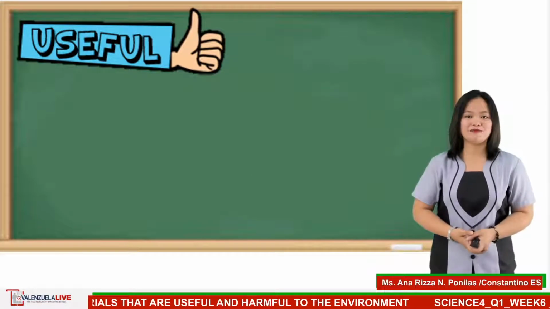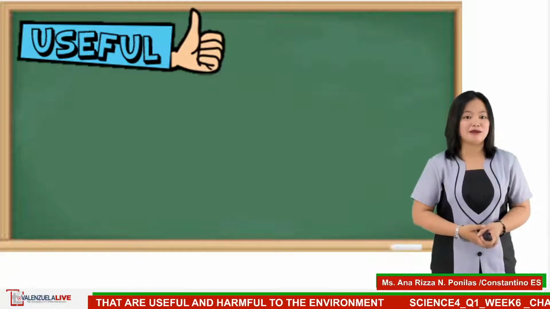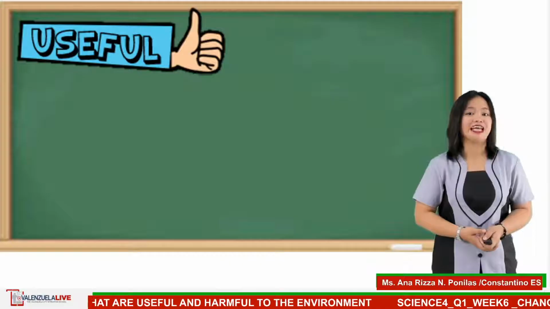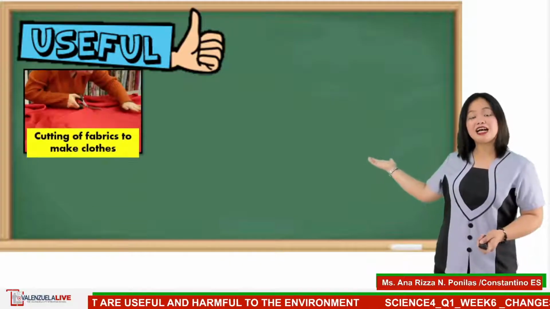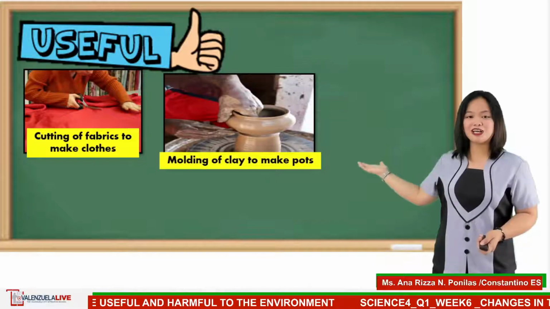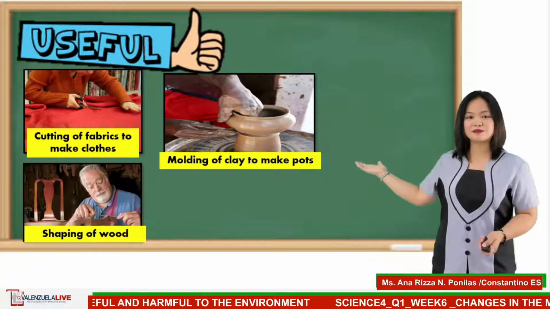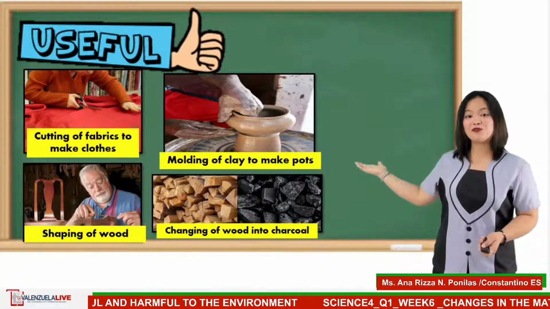Let's have examples of useful and harmful changes in the environment. Examples of useful changes to the environment are cutting of fabrics to make clothes, molding of clay to make pots, shaping of wood, and changing of wood into charcoal.